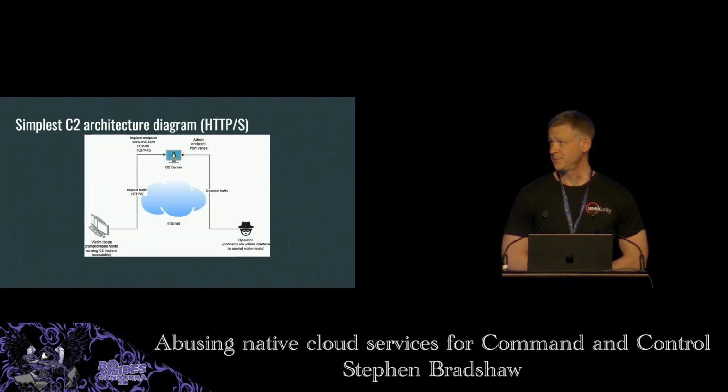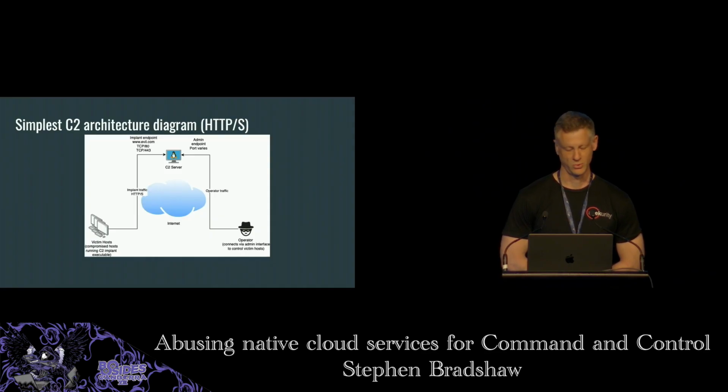What we have here is pretty much the simplest possible C2 architecture you can have for a C2 server on the internet talking HTTP. The C2 server is up the top and it is listening for communication from implants at the domain www.evil.com, so nothing sus there.